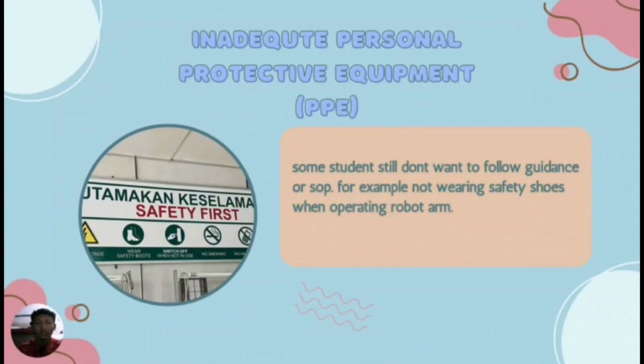For example, they are not wearing safety shoes when operating a robot arm. So the robot arm might fall on their leg, and from that their leg can get broken.